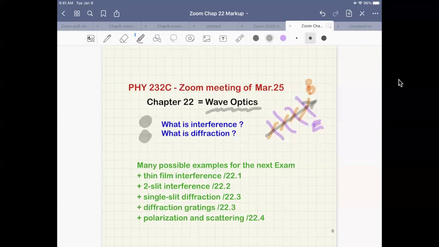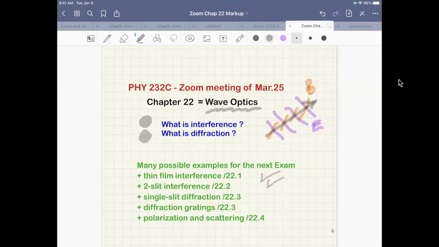Now, chapter 22 has a number of different sections, and any of these sections may provide a possible question for the next exam. For example, there's thin film interference. That's in section 1. There's two slit interference.